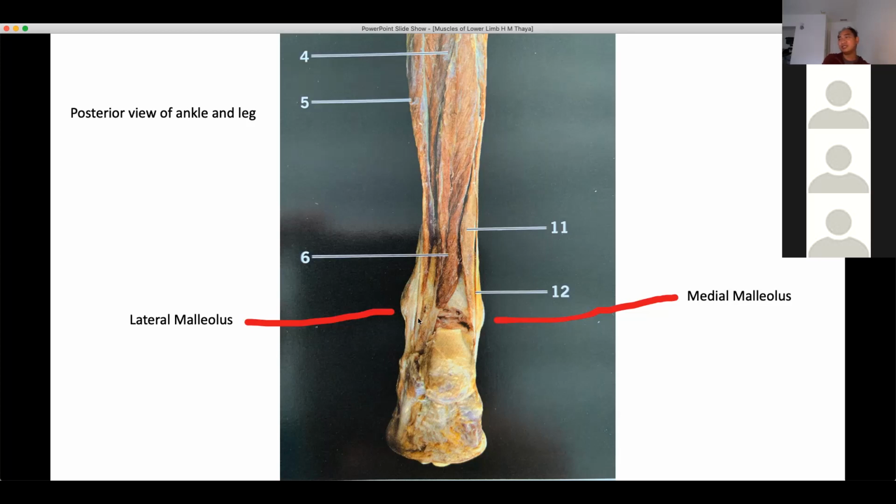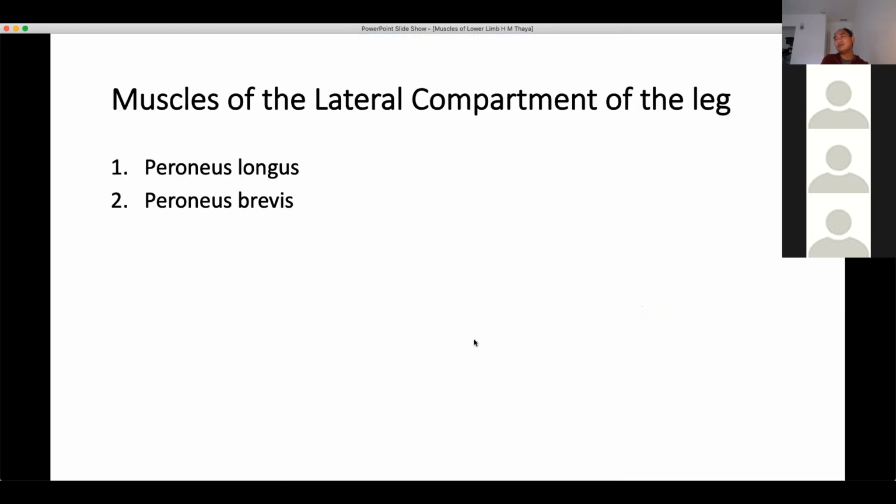This is the left ankle, this is the medial aspect, this is the lateral aspect. So we have the peroneus longus and brevis tendons here, and on this side, the Tom, Dick, and Harry. Muscles of the lateral compartment of the leg: peroneus longus and peroneus brevis.